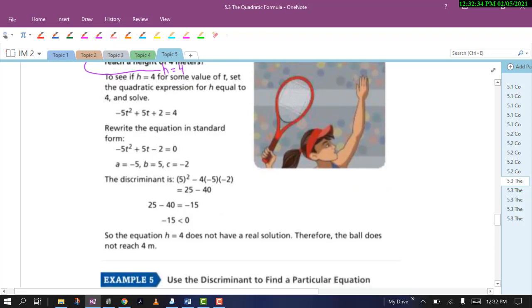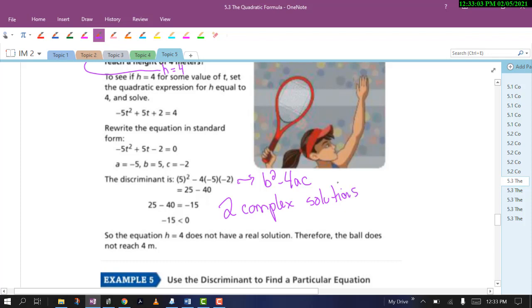Then we want to set it equal to 0, so we subtract 4. So we're ending up with negative 5t squared plus 5t minus 2 equals 0. We have a, b, and c there. The discriminant is our b squared minus 4ac. I'll rewrite it so we can remember. So when it's all said and done, we get a discriminant of negative 15. So we have two complex or imaginary solutions.